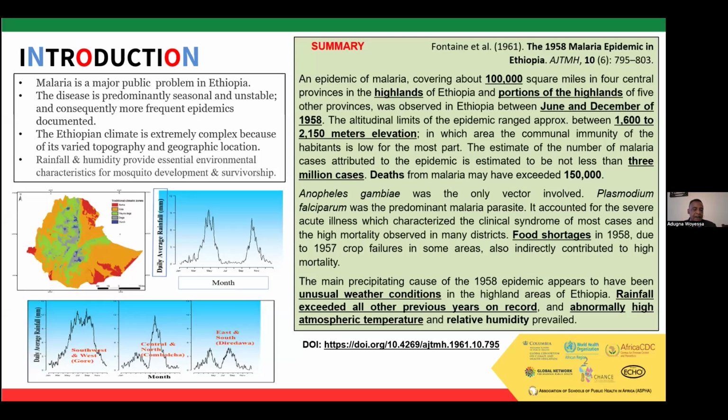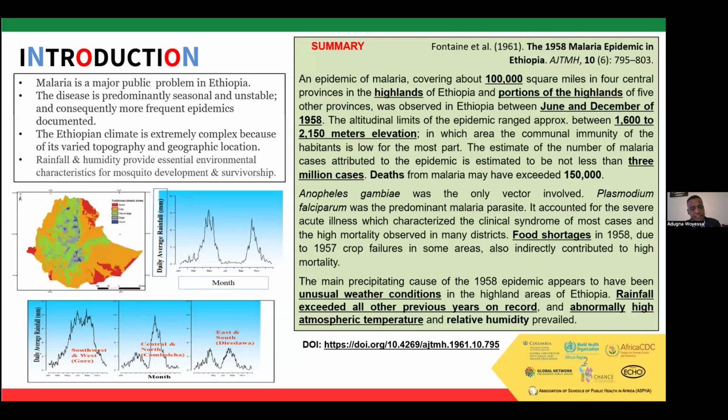And in southeastern Ethiopia in particular, there is a bimodal pattern in which the rainfall amount is very low.